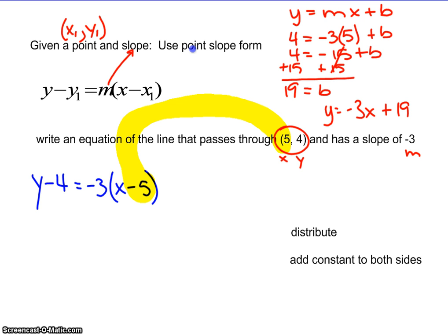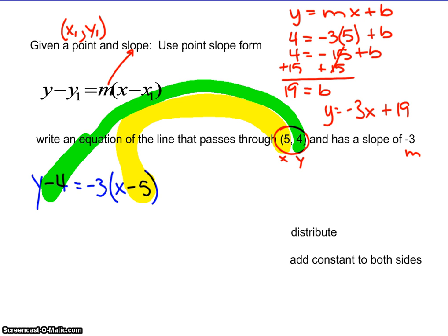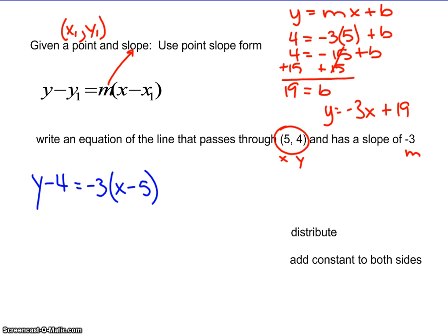Went from +5 to -5. Notice how my sign changes there. It went from +4 to -4, and that's true whenever you go from points to equations and vice versa, those things are going to change signs, and it makes it very easy sometimes to do that stuff.